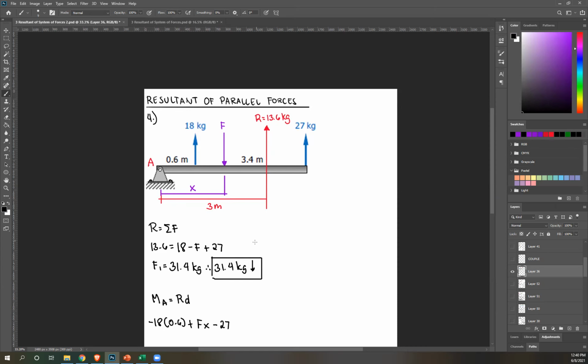Times 4. There's no other force. So equate that to here, R. So rotate R about A, that's counterclockwise, therefore negative 13.6, and distance is given 3. Please compute what's X.